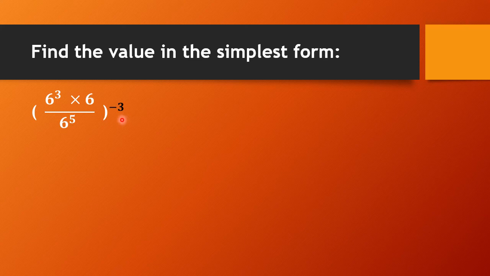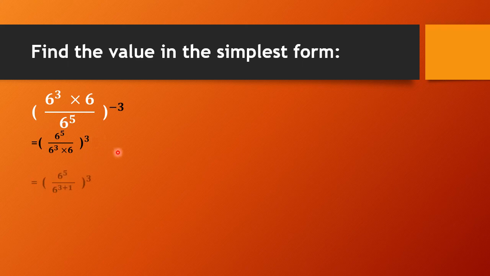When I want to make it positive, I will change this fraction: the numerator becomes the denominator and the denominator becomes the numerator, so I will get its reciprocal. It will be (6 power 5 over 6) times 6 power 3.